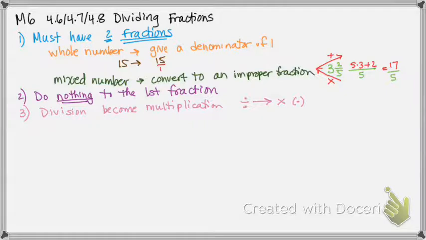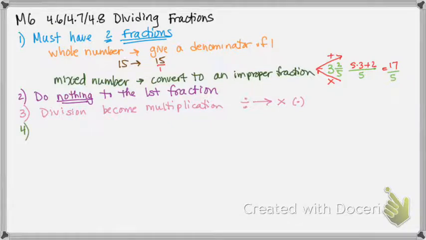Okay, now, there's no way that anybody could think that it's reasonable for us to change an operation but not do anything to the third one. Remember what I said? We had to do something to each of the parts of the division problem.